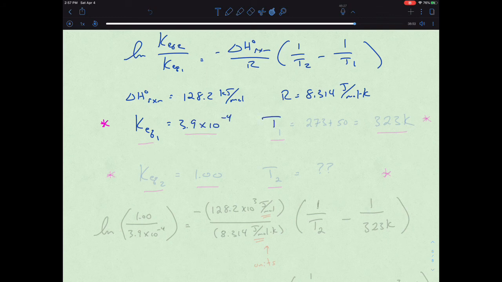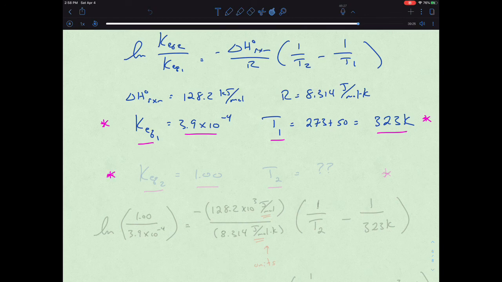I'm also saying that my temperature 1 is going to be 50 degrees Celsius, or 323 Kelvin. So that's what I've picked above as far as those two values for my KEQ1, my KEQ2.